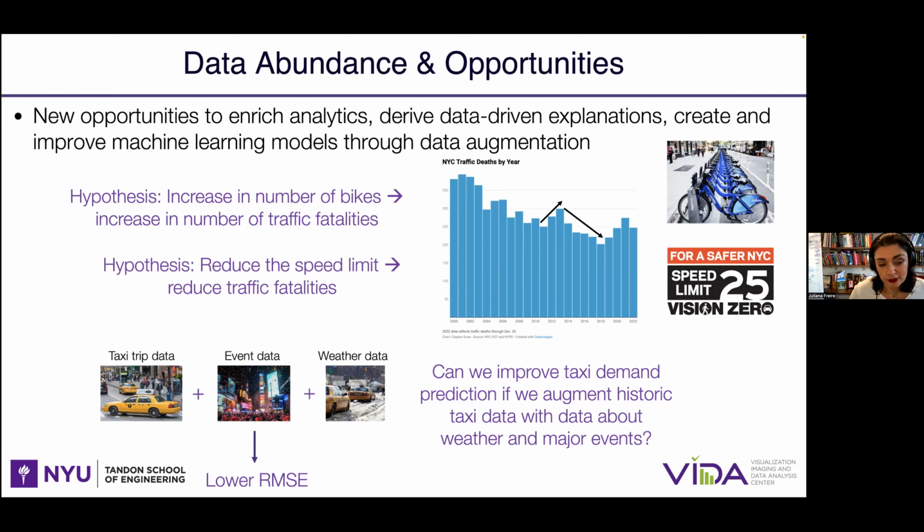Right. So is it the case that we can actually improve taxi demand prediction if we augment the historical trip data with data about weather and major events? Right. And there are many other instances where, if you discover data, it can actually enrich your analytics.